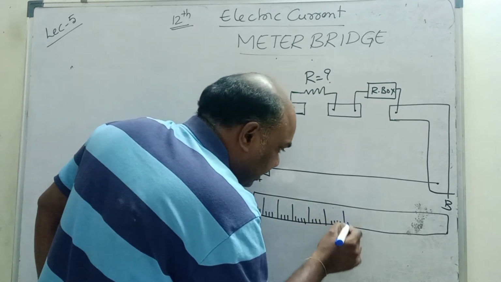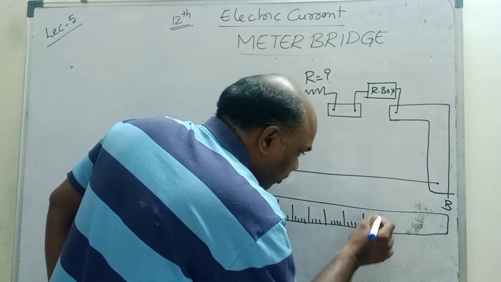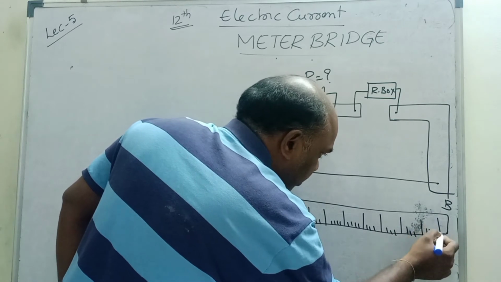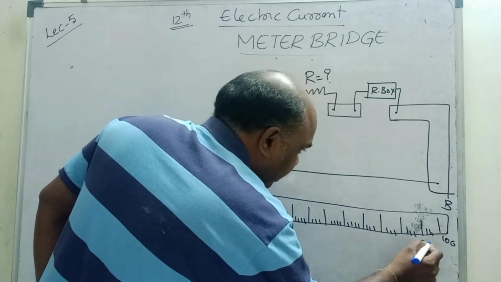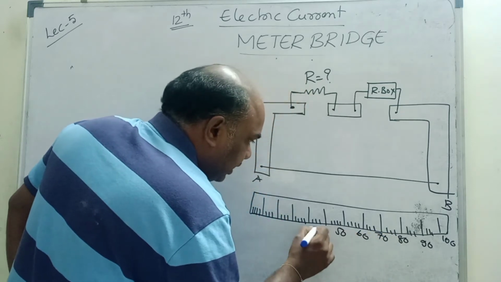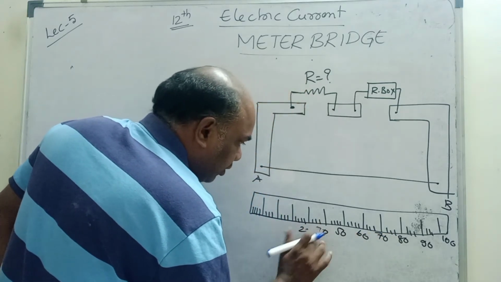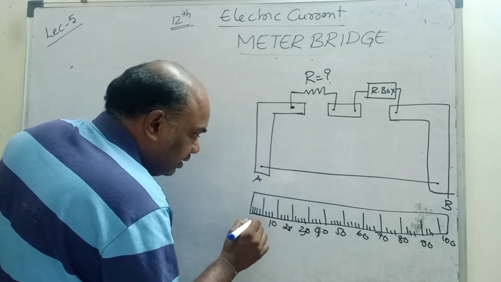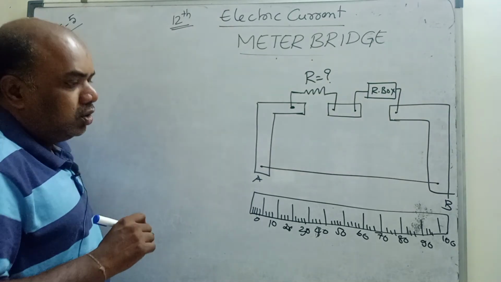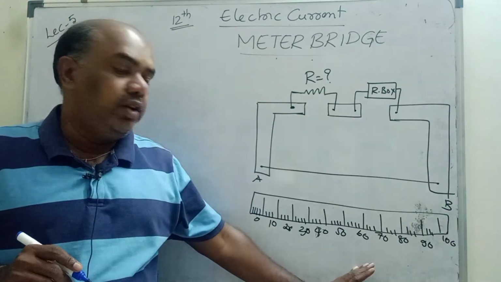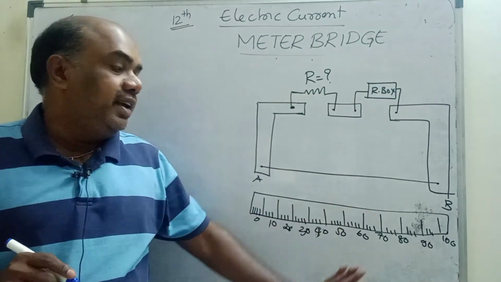This is 100 centimeter, 90, 80, 70, 60, 50, 40, 30, 20, 10, 0. So like this we use a 1 meter length scale, because it is to measure the reading.